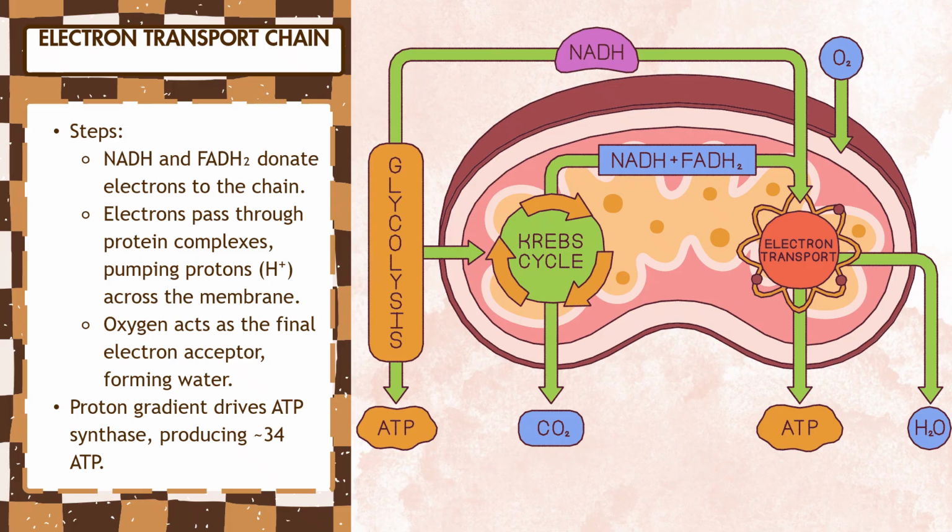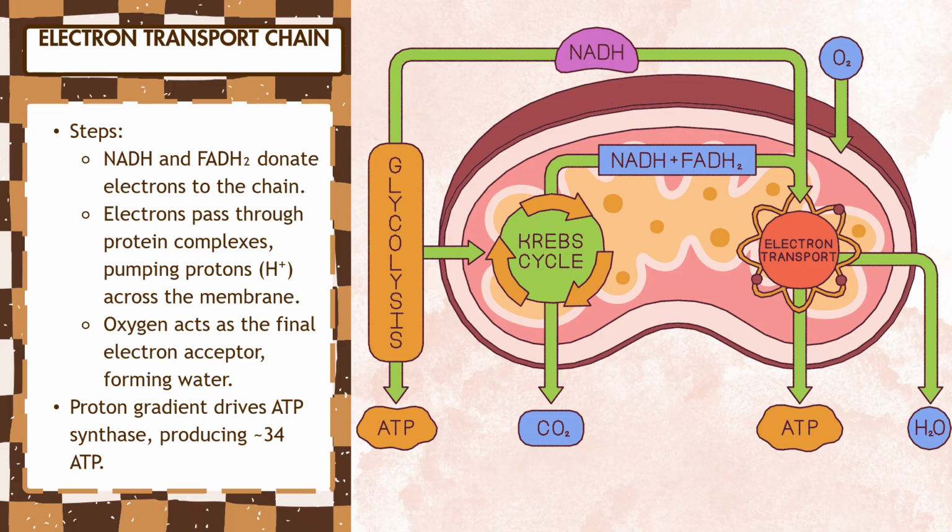And this is not just one, there are many electron transport chains throughout the entire inner membrane of the mitochondria. And all of them are there to do the same thing, to transfer electrons through specific proteins embedded in the membrane, as these electron carriers donate their electrons.